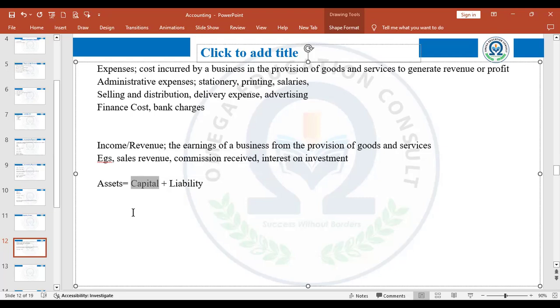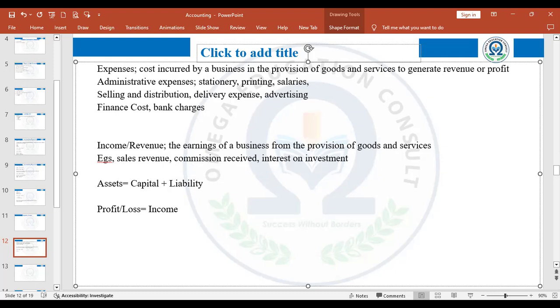That is to say, expenses and income would help you determine your profit or loss from the business. So let me repeat that point. If any business wants to determine profit or loss, the business will compare two things, and that's the income and expenses.